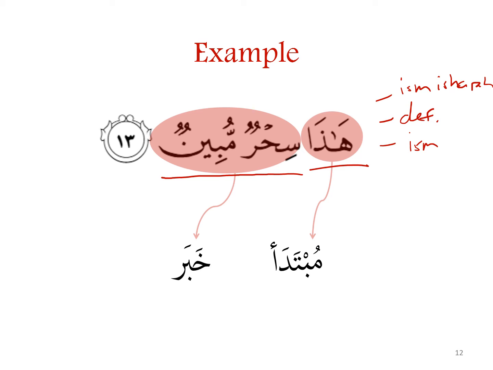So when we look at it in detail, we can see sihrun is indefinite, and mubinun is indefinite. They're both masculine. So they match in those four characteristics: both singular, both indefinite, both ending with a dhamma, and both masculine.